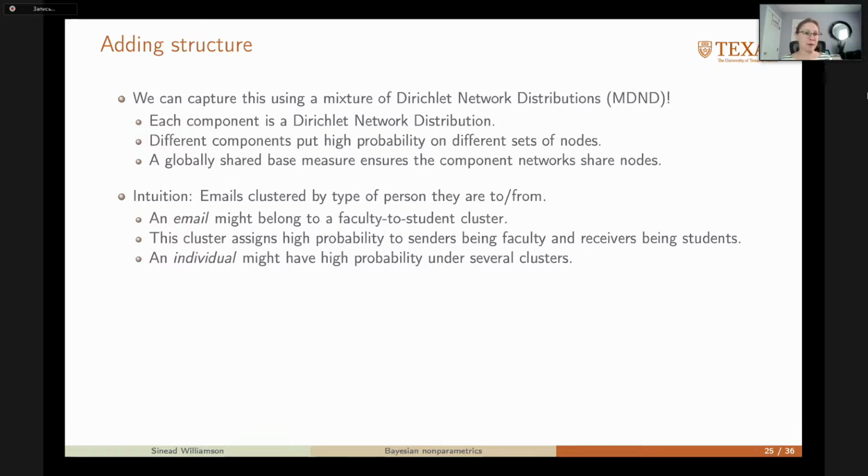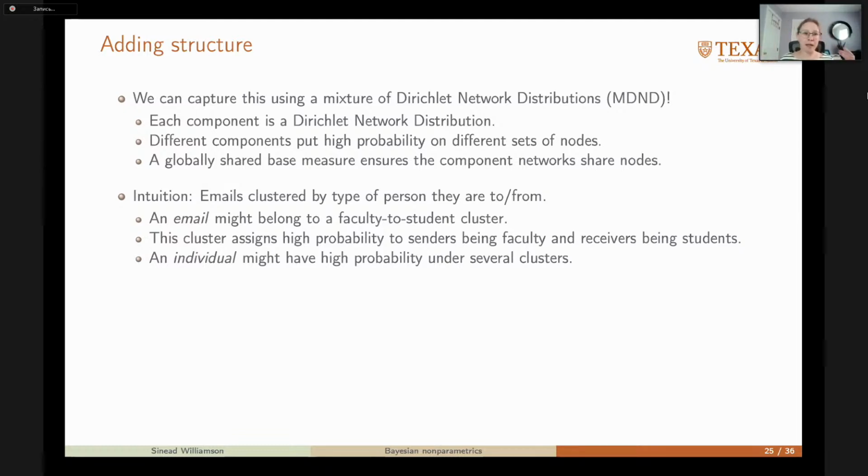So maybe the Smiles Summer School cluster has a high probability of Rodrigo being a sender and me being a recipient, but the Oscars cluster does not have a high probability of either of us being a sender or a recipient.